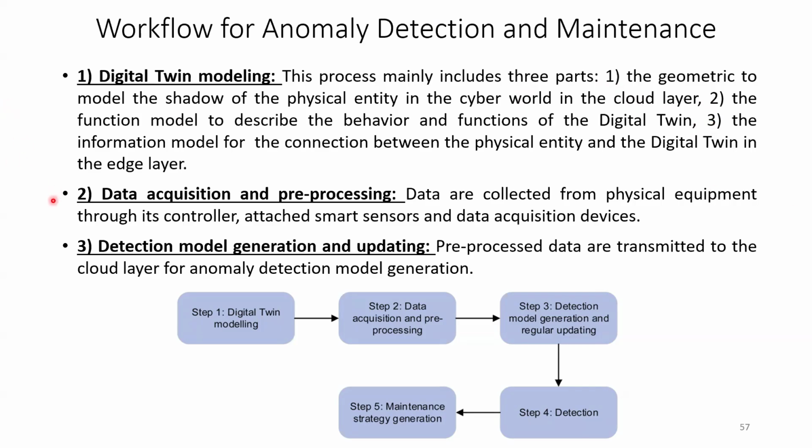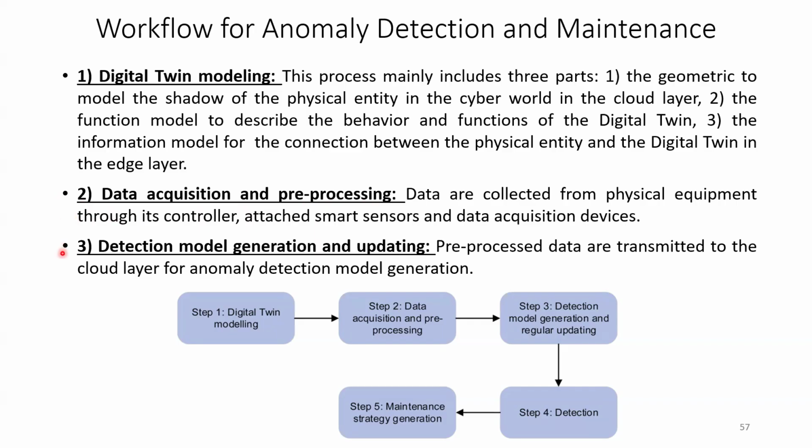At step 2, we have data acquisition and pre-processing. Here, the real-time data are collected from the equipment using controllers, sensors, smart sensors, and data acquisition devices. And then the data is further filtered, cleaned, and structured to make it suitable for model training and diagnostics.